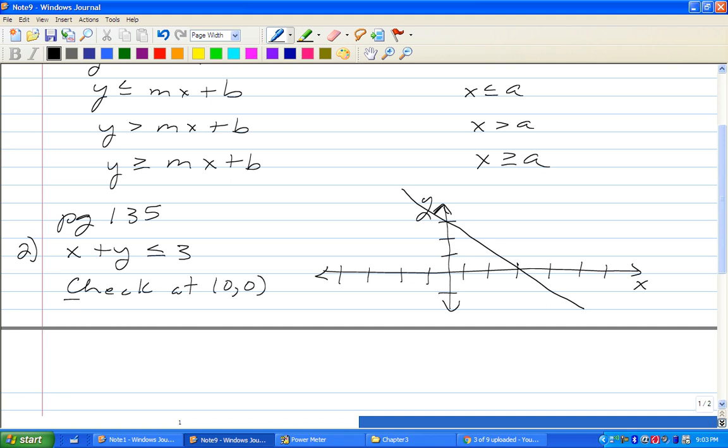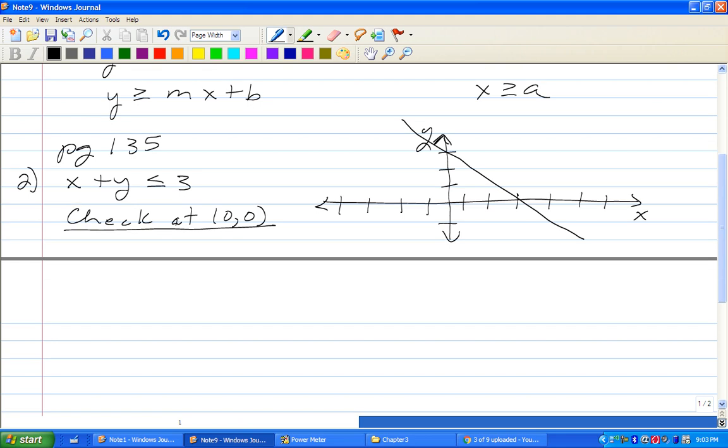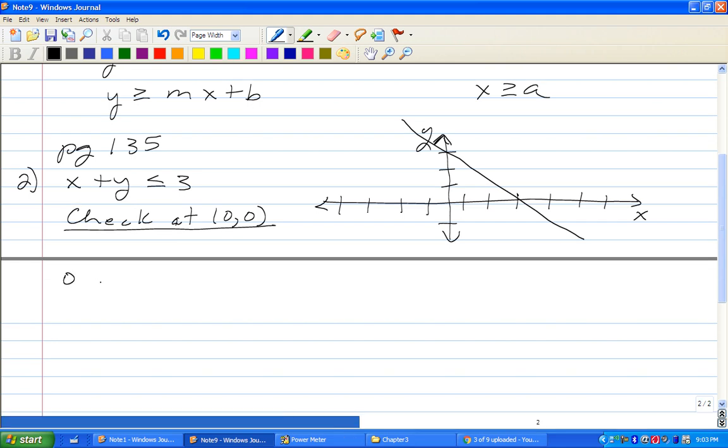If I'm able to check at the origin, then do that because that's the easiest place to check. And so is 0 plus 0 less than or equal to 3? And so the answer is, well, yes, certainly 0 is less than 3. So that's a true statement.